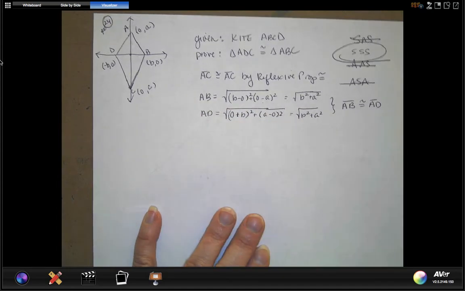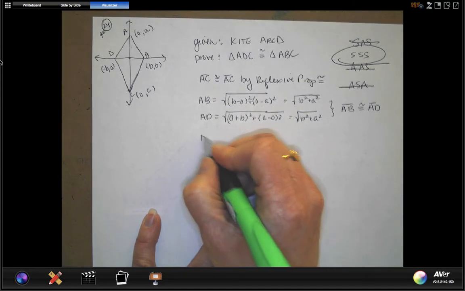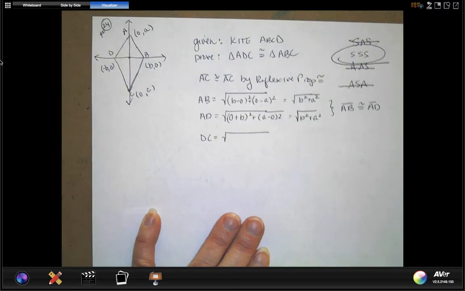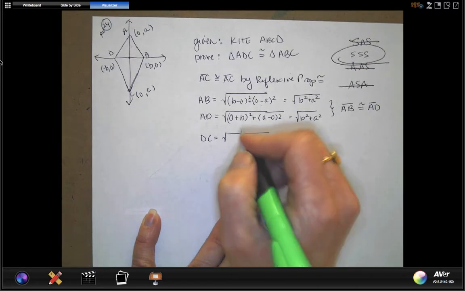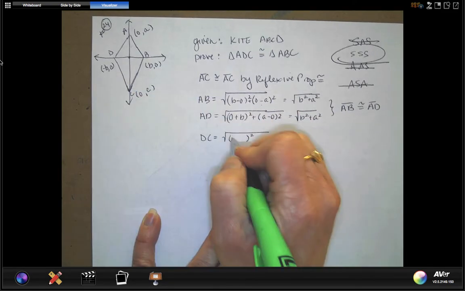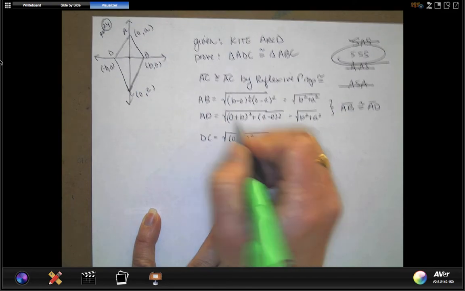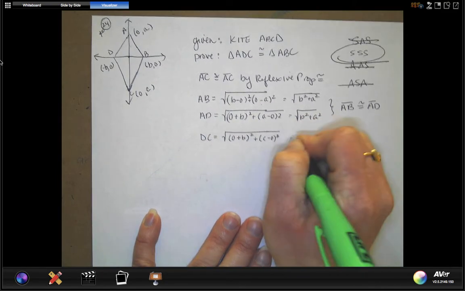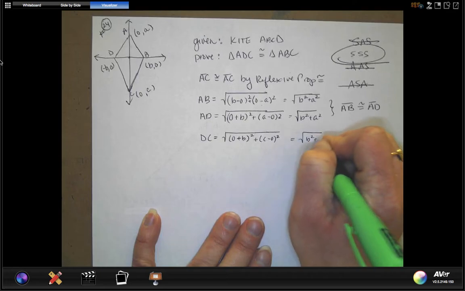I'm going to do the bottom parts now. So DC, again I'm going to do right minus left. You know what, just forget what I said earlier about top minus bottom. That's not really true. Always just do right minus left. So 0 minus negative B is 0 plus B, and C minus 0. So I'm going to have B squared plus C squared.